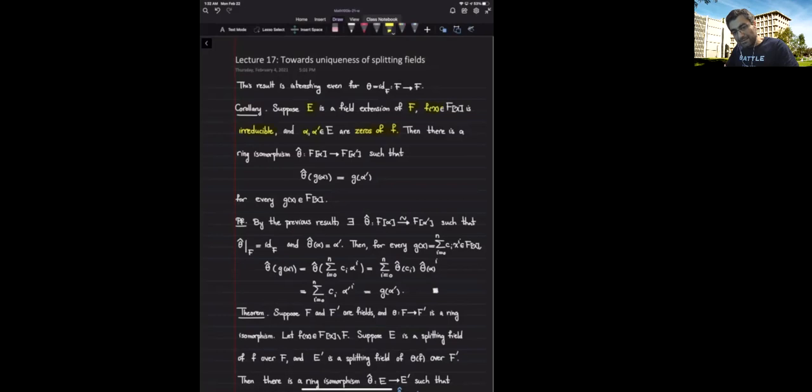In that case, we can find a ring isomorphism, let's call it theta hat, from F[alpha] to F[alpha prime], where whatever polynomial I give you when it's evaluated at alpha, this theta hat sends it to the evaluation of the same polynomial at alpha prime.